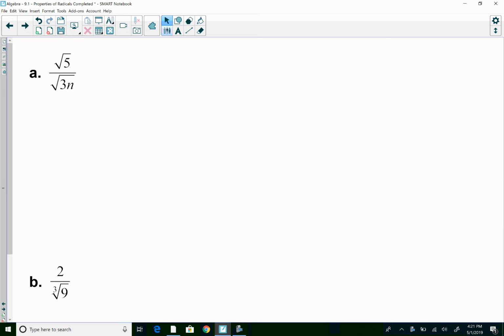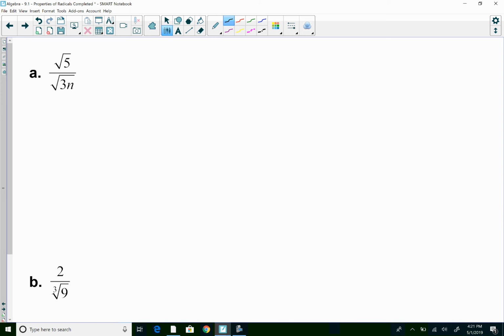Always an adventure. All right, so you guys, yesterday and today we worked a lot on just identifying, if we have a division or the quotient property that we're using, we can break these up into two separate things. And for the last couple, we've been really lucky that they have been nice perfect squares in the denominator.